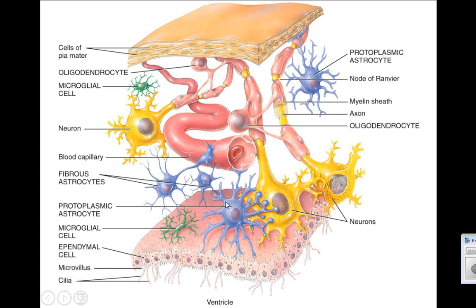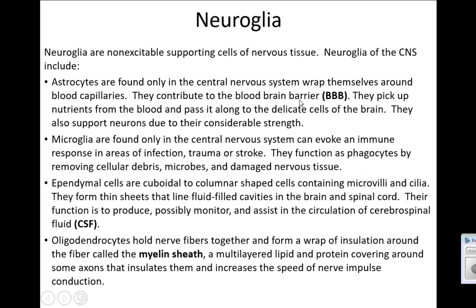First type are called astrocytes. There's 2 different types. We're not really concerned about the differences in those. But they help primarily to wrap around blood vessels in our brain and spinal cord and to form what's called the blood-brain barrier, or BBB. They will pick up nutrients from our blood and pass it along to the delicate cells of our brain, the neurons.